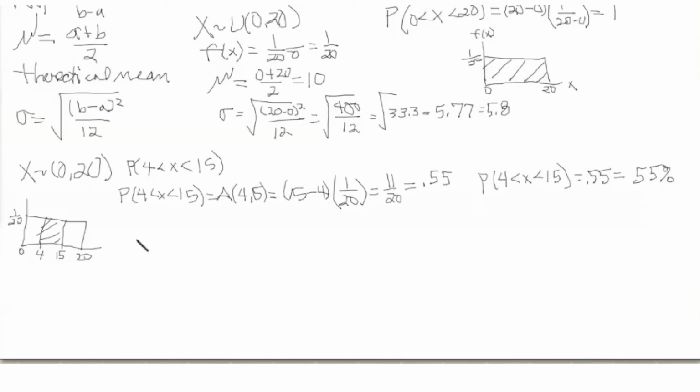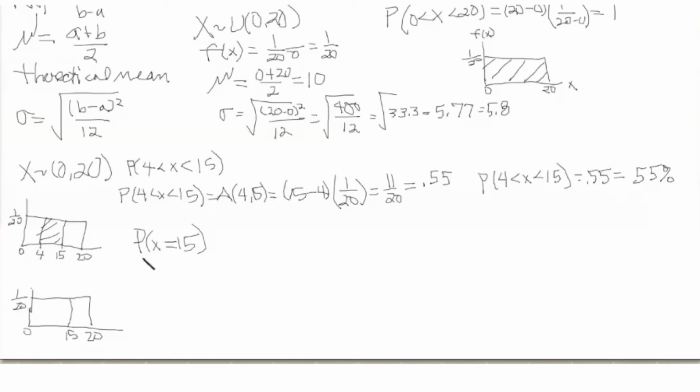So let's say if I was given X equals 15, I have my 20 here, so we're looking at just number 15, just a single point is a line.